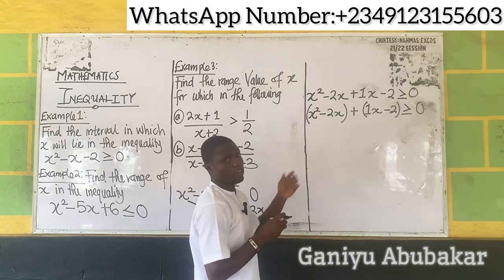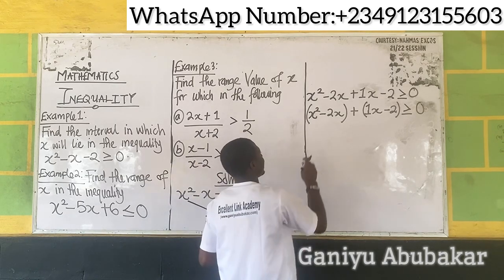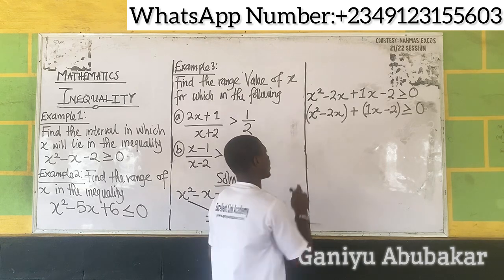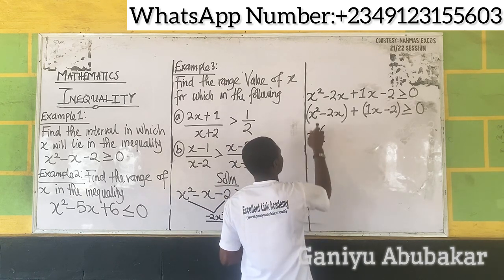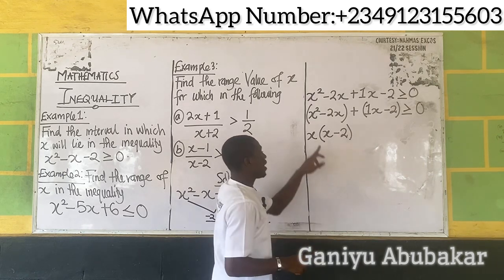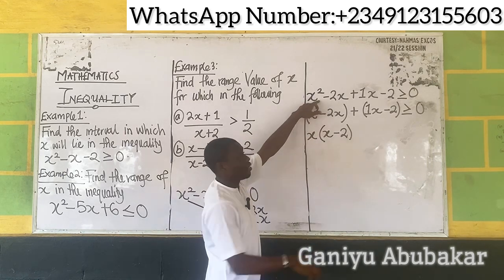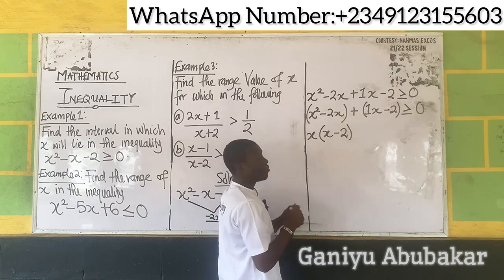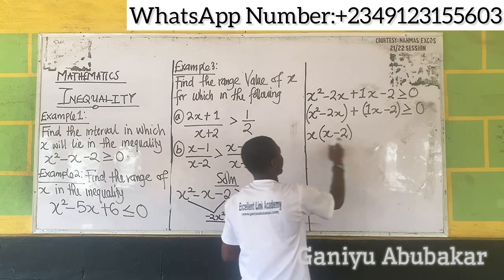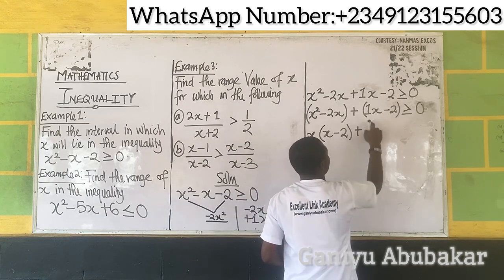I have to factorize. Observe that x is common here. So I bring out x, and I have x minus 2. x times x gives x squared, minus remains the same, and x times 2 gives your 2x back.